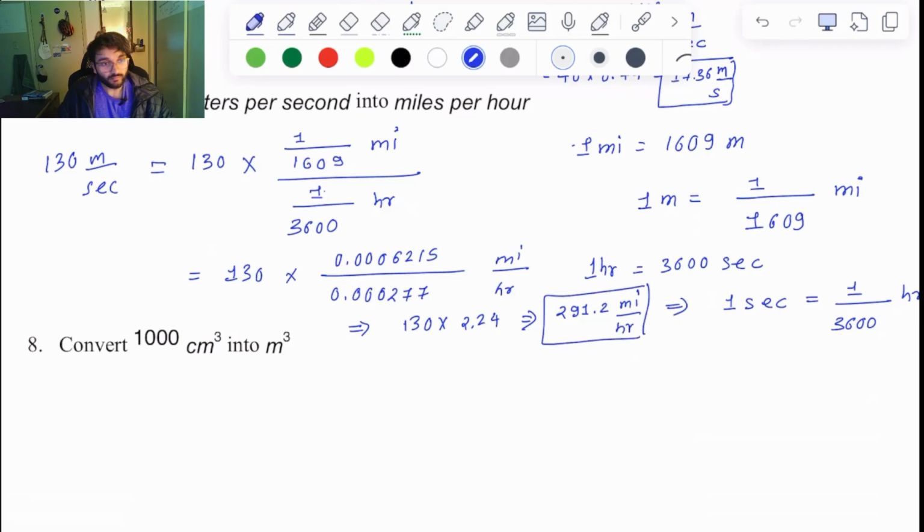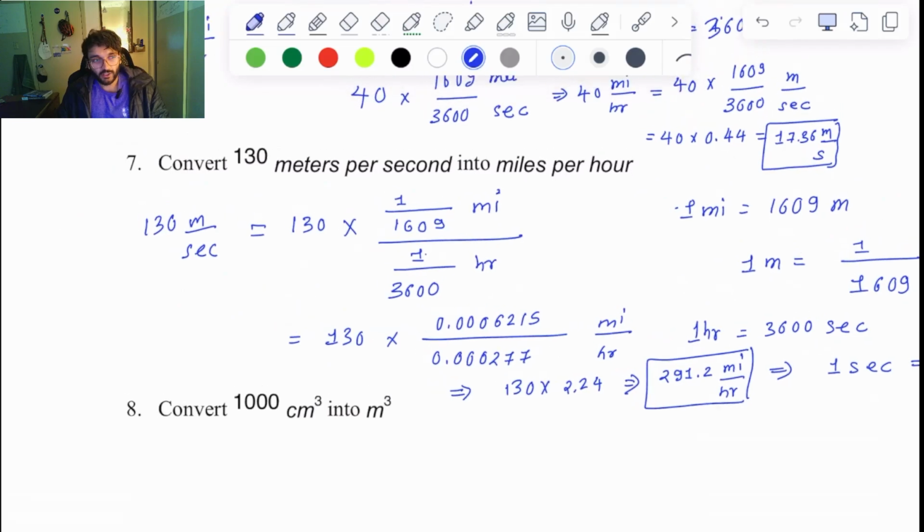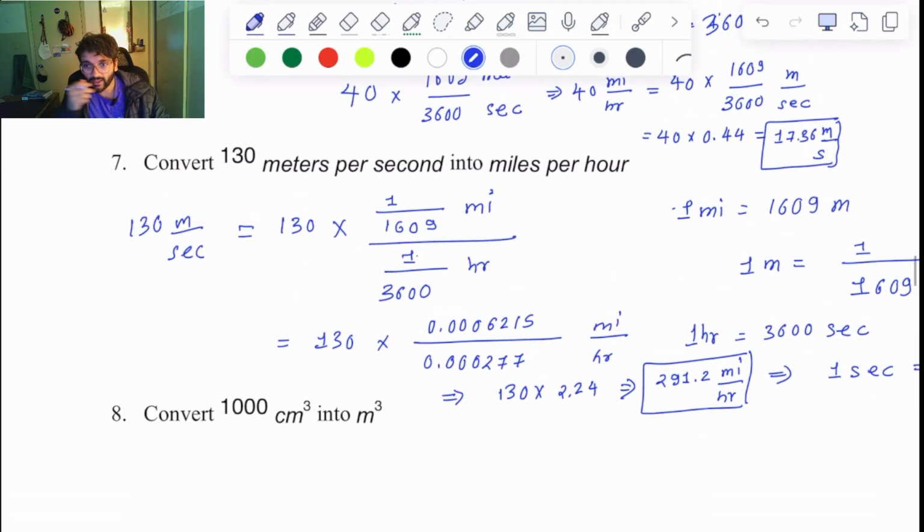Okay, I had a little bit of a think there. For 130 meters per second, I just thought it would be a smaller number, but looks like it's not. We're going to trust the math here.